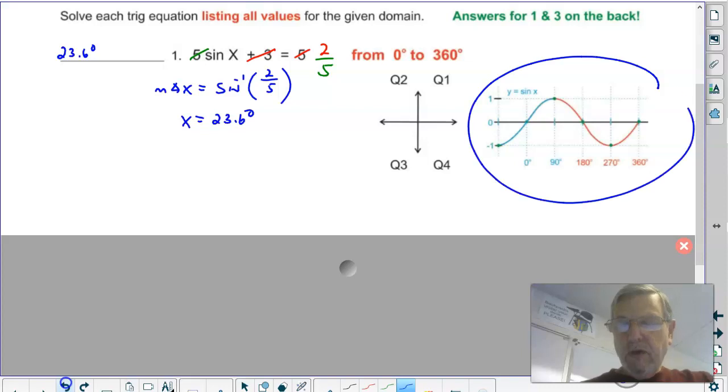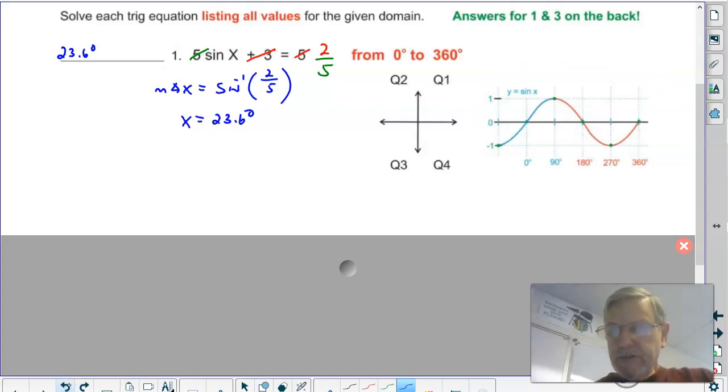I'm going to go first to this horizontal type view. Let's suppose that 23.6 degrees is somewhere about there, because that value right there would have been 2/5. Right in here is your 23.6 degrees.